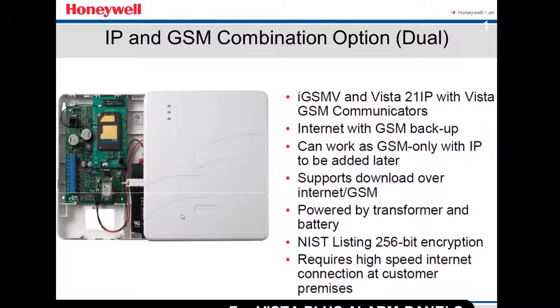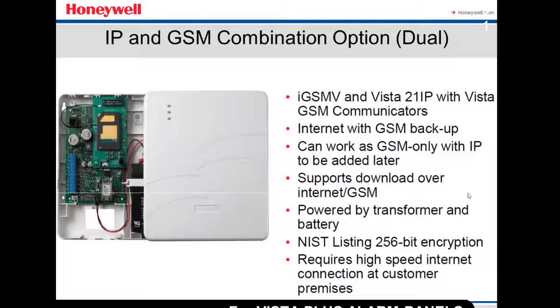And we have a combination, an IP and GSM dual communicator. This uses the GSM, which is a SIM card, and it also has the internet connection. It also has the backup here. This is also 256 encrypted.